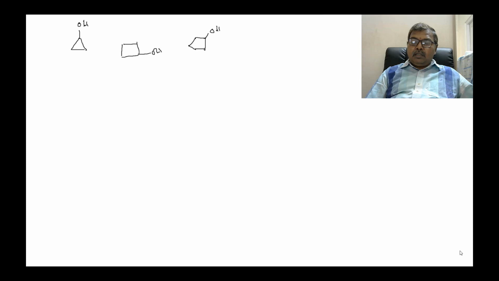So these are called cyclic alcohols. This is cyclopropanol, cyclobutanol, cyclopentanol.